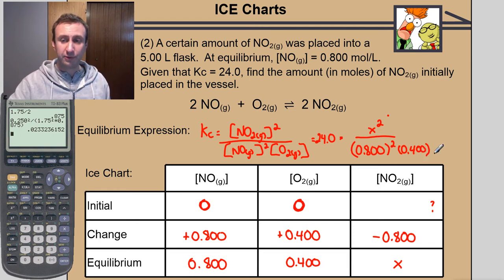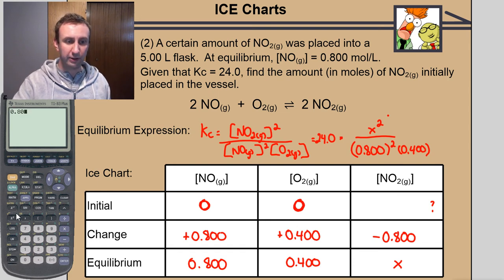So now I can do some algebra and solve for that x. Let's first figure out what that denominator works out to. So 0.80 squared multiplied by 0.4 means that I have 0.256.